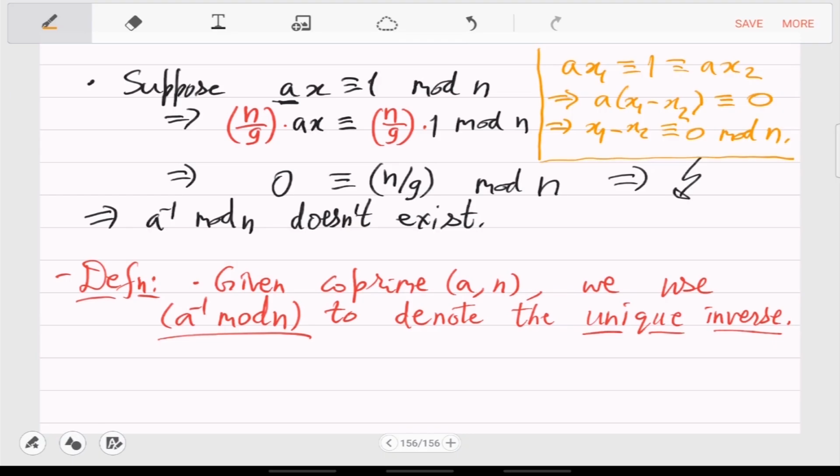Is this clear? So when inverse exists, it's unique. So that shows the uniqueness. That's quite straightforward.